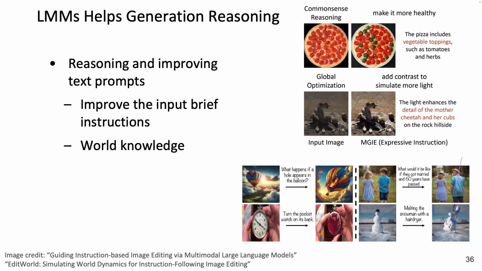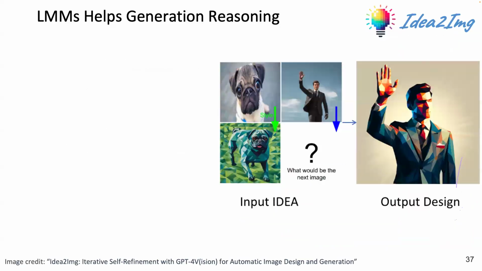And similarly, we can use the world knowledge in LMMs to help understand what will happen if there is a hole in the blue, as well as what will happen after 60 years. Furthermore, in addition to having LMMs help generation reasoning or expand the prompt in a single round, there have also been studies targeting more ambitious iterative loops that use the LMMs to reason and help the generation. For example, now we can have in-context examples.